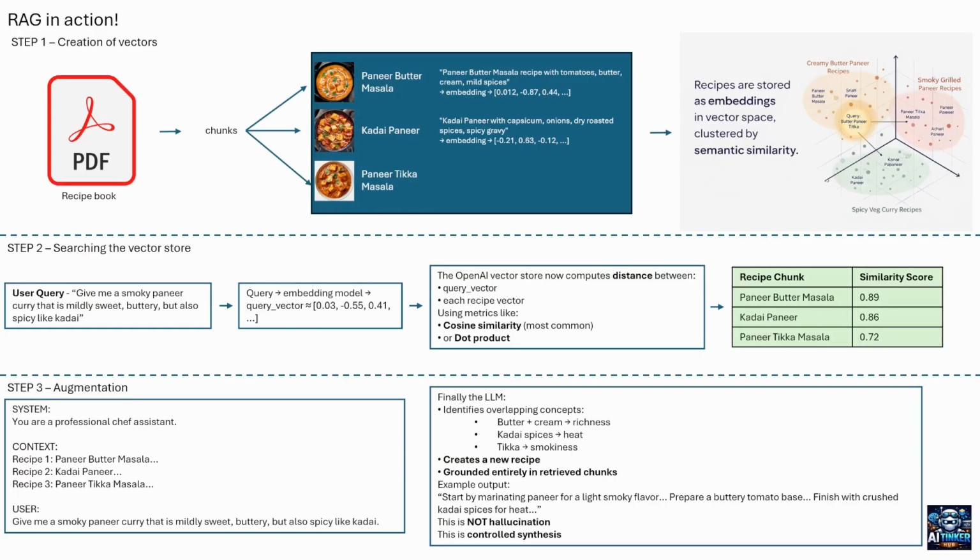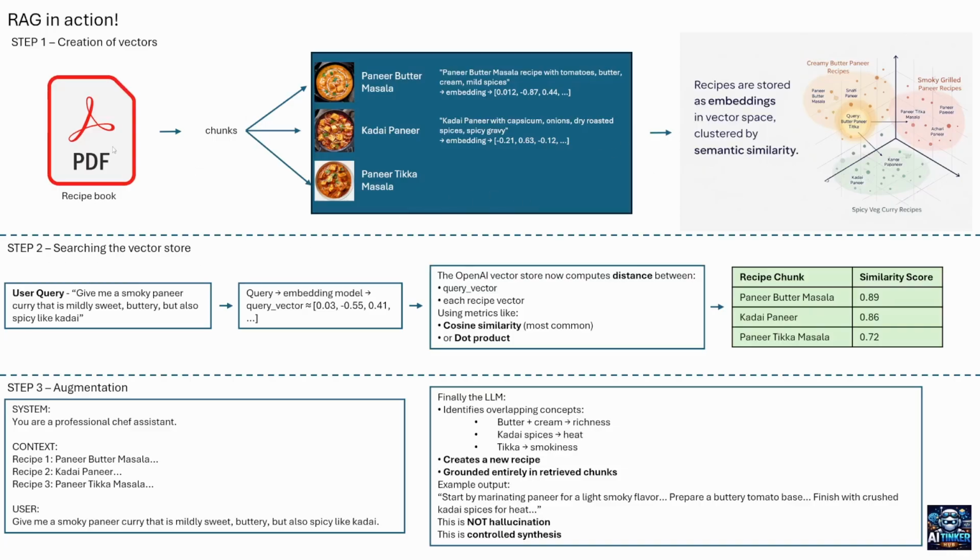Once this semantic fingerprint is created, each chunk is stored as an embedding in the vector space, and these will be clustered by semantic similarity. So what we are storing in the vector database is mathematical representations of meaning, and a lot of the heavy lifting is being done by the embedding model.